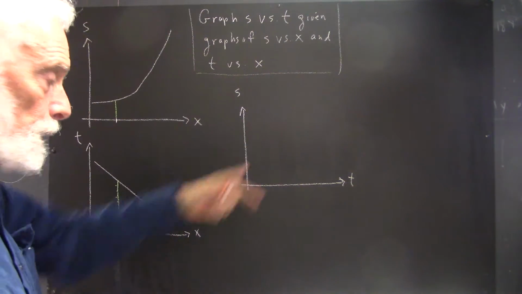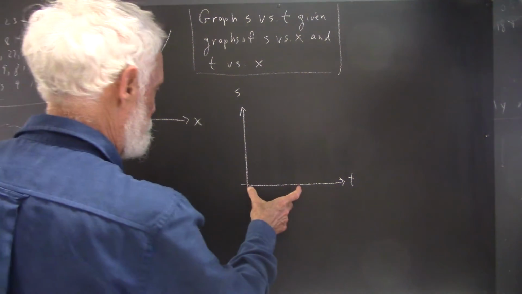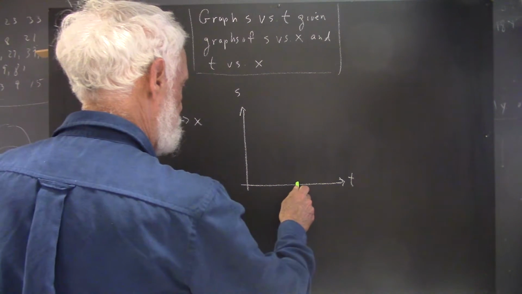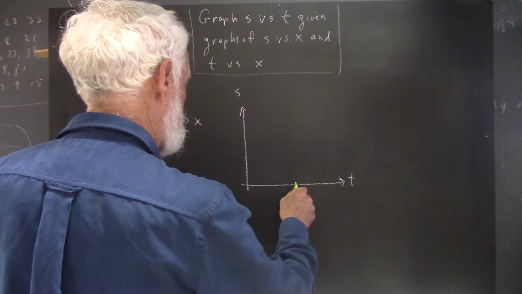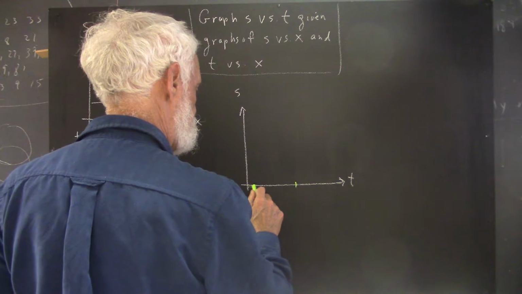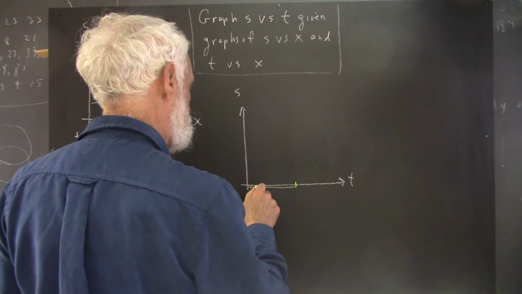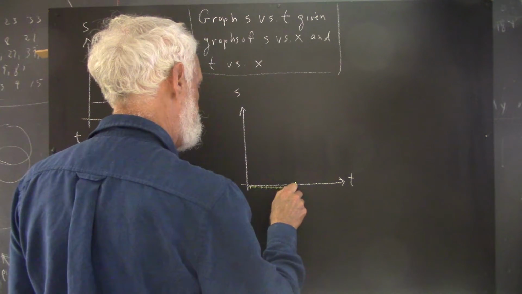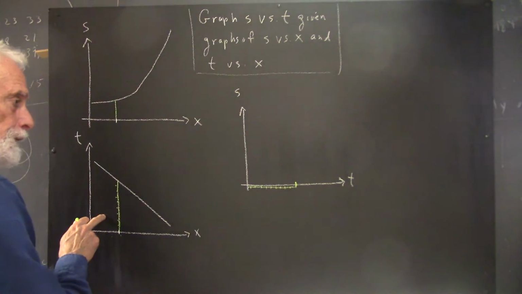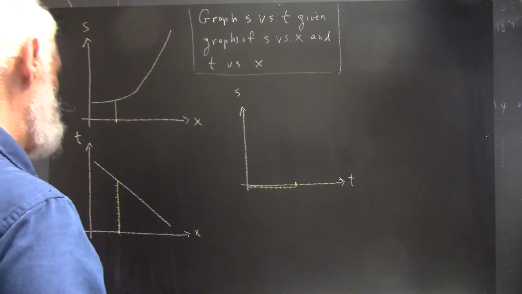How can we get a point on this graph? Well, we just take this segment over here, lay it on its side, and that gives us this. So I can draw that down here. This green segment with the tracks on it is the same as this segment. Of course, I could do this with a compass or with other graphical construction tools.